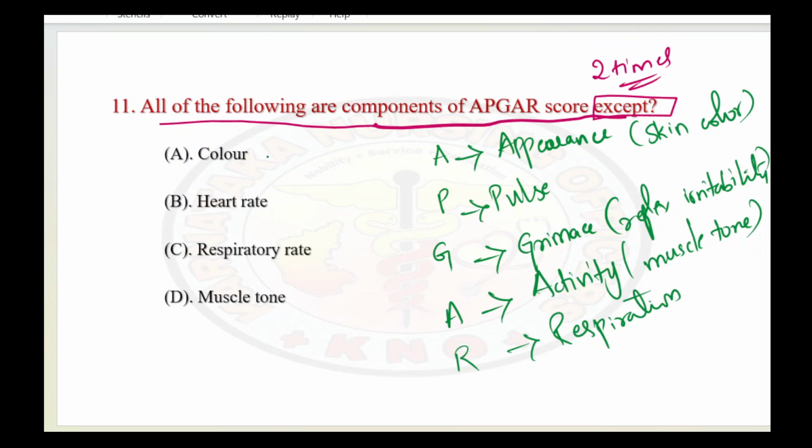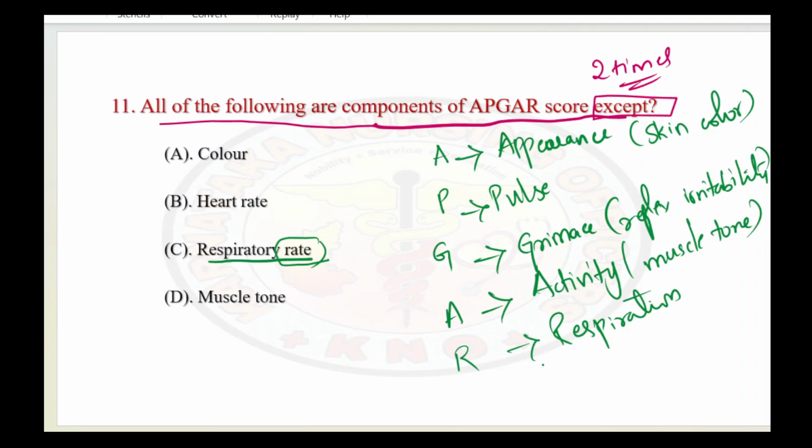Now let's check the options given below. First option, color. So in appearance, you are going to check the color. So color is a component. Second is heart rate, which is also called pulse rate. So this is also a component of Apgar. Third option, respiratory rate. If they had given you only respiration, then that would be a correct component. But respiratory rate is not a component.